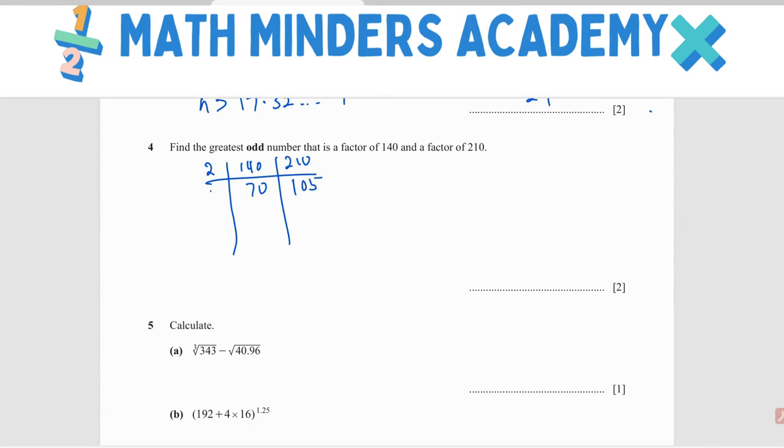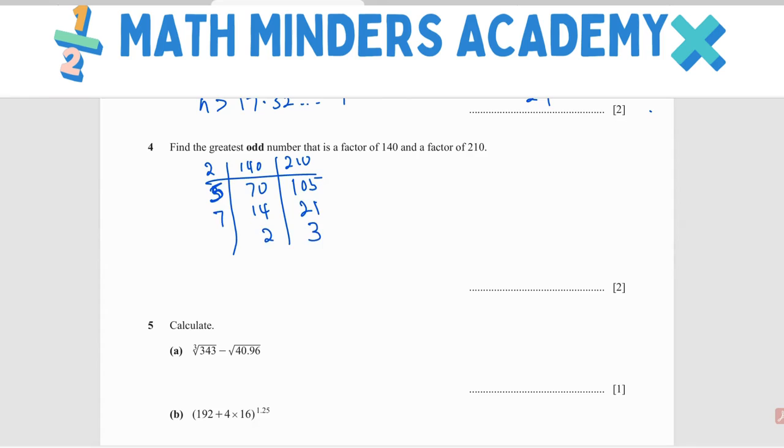We can use 5 since 3 cannot go in 70. And this will give us 14. This will give us 21. So let's use 7 here, 2 and 3, right?